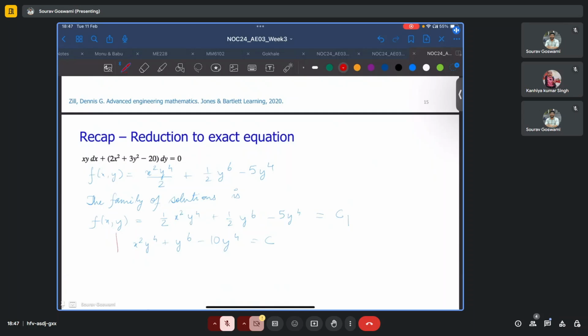This is the required family of solutions for the given ordinary differential equation.